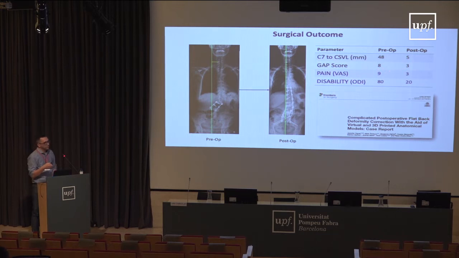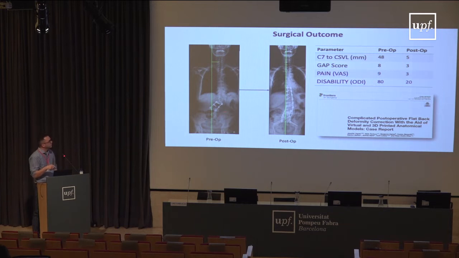And right after the surgery, it's very, very nice to experience that even after a huge surgery, if the balance is better, the patient experiences right after the day after the surgery that he or she feels much better. So the pain and the disability indexes decreased a lot.